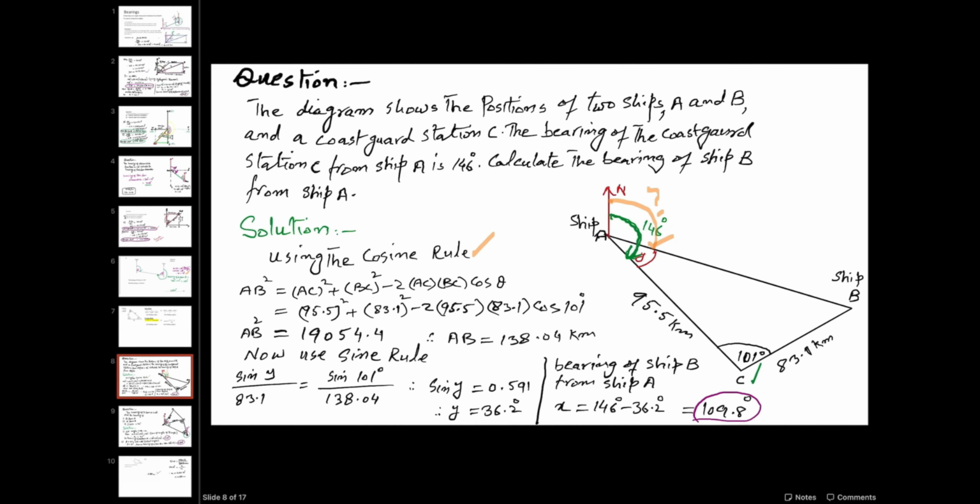Now I am using sine rule in the triangle ABC. Sin y upon 83.1 kilometer is equal to sin 101 upon 138.04 kilometer.